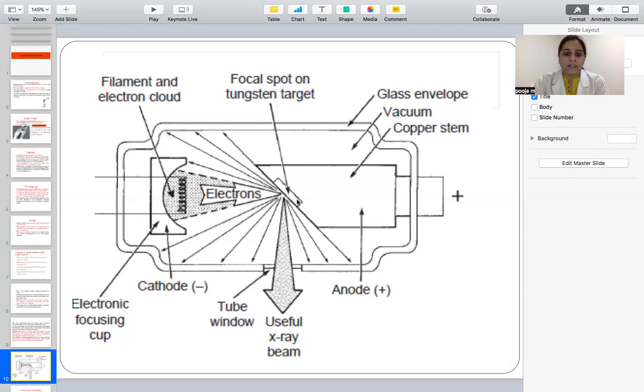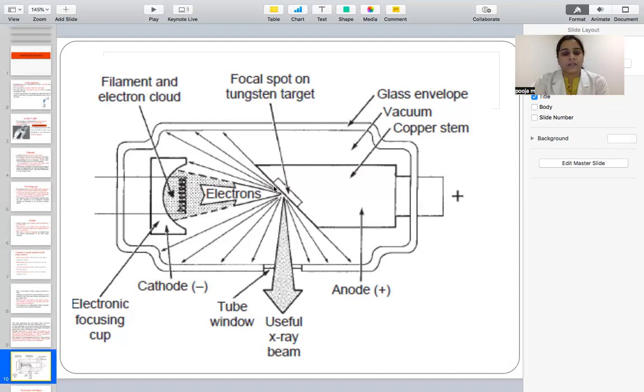They have inclined this, instead of making it straight, at a 20-degree angulation so that the focal spot which is available will be smaller in size and a larger surface area is available for the electrons to hit, so that heat dissipation will also be proper, and there will be efficient conversion of the kinetic energy of the electron into a single useful beam.